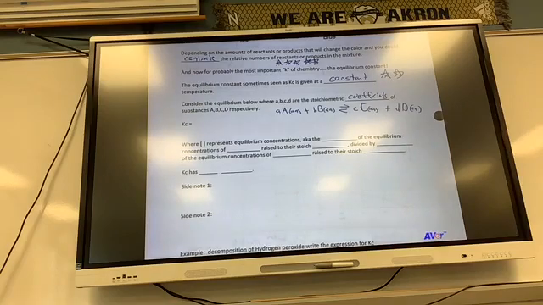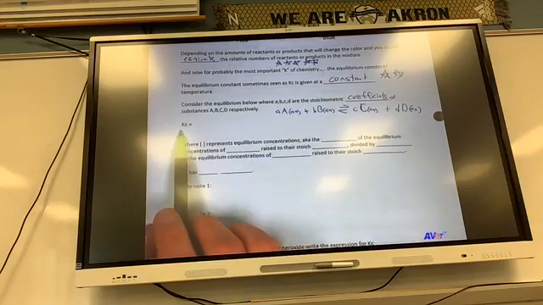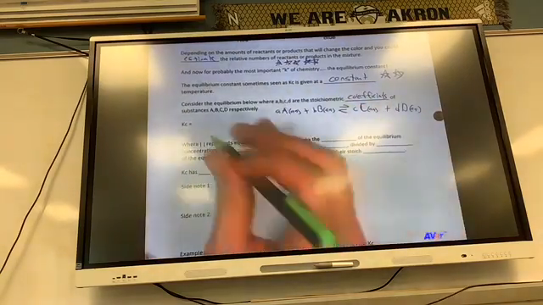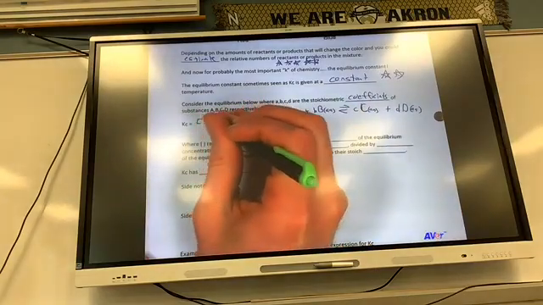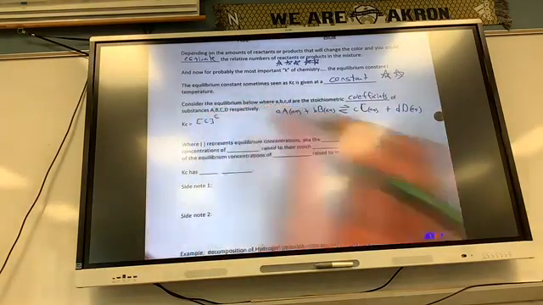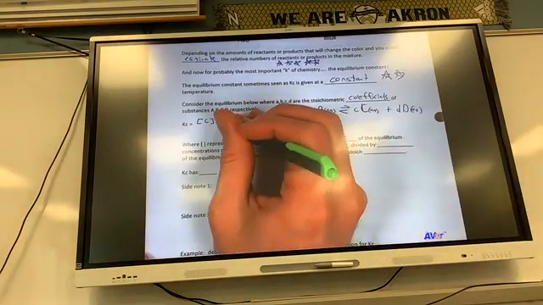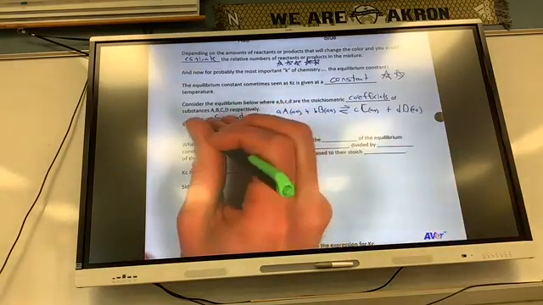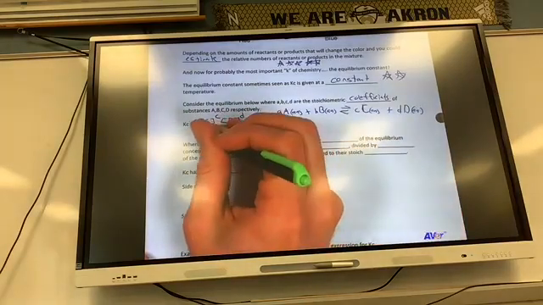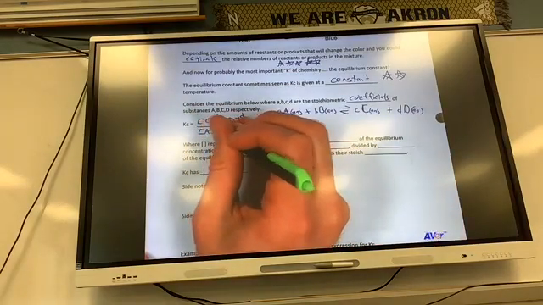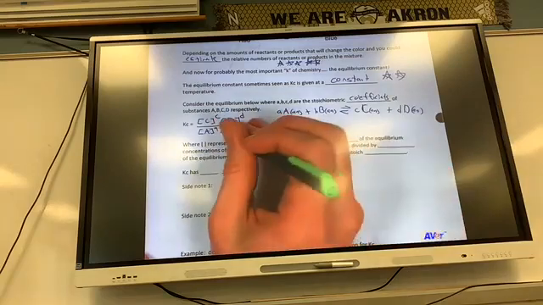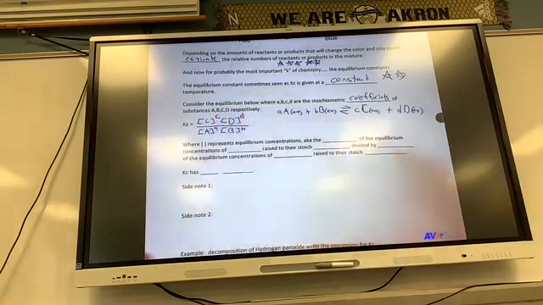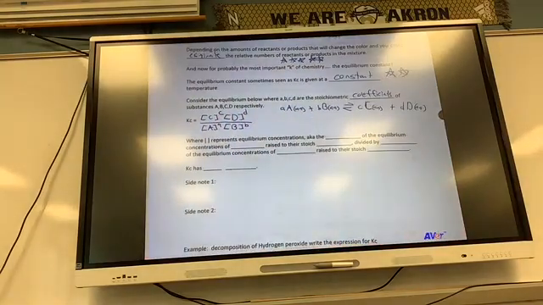So the K expression for this would be the concentration of C to the little c, times the concentration of D to the little d, over the concentration of A to the little a, times the concentration of B to the little b. That is the equilibrium expression for this pretend reaction.